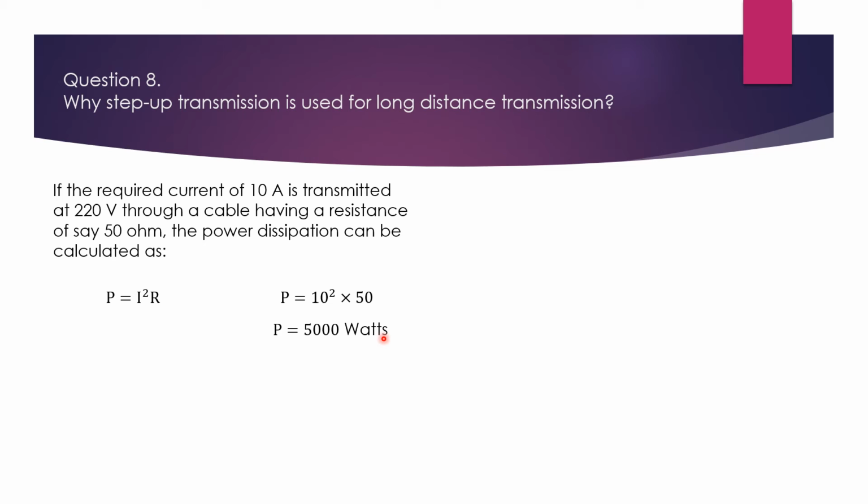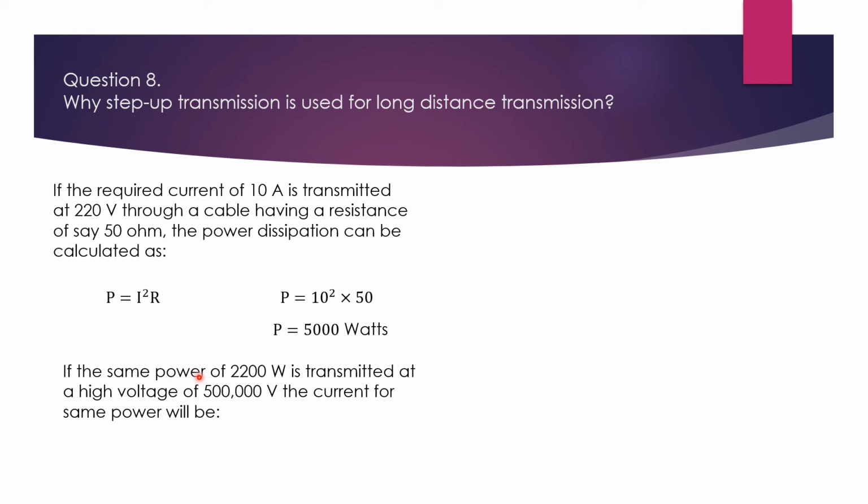Now just imagine 5000 watts is the loss of power during transmission for an area where you have to provide only 2200 watts. This is exorbitant. This is too much of a loss. Unrealistic. This is not the actual case as well.